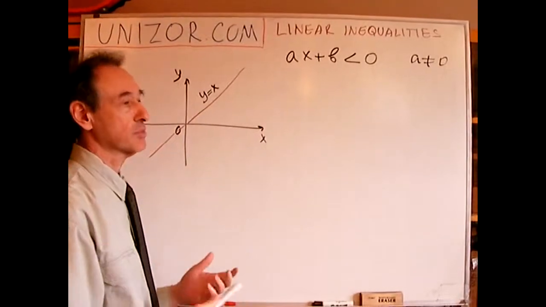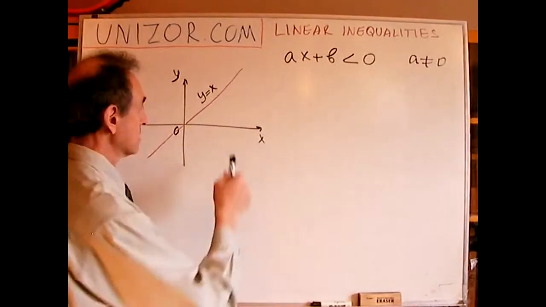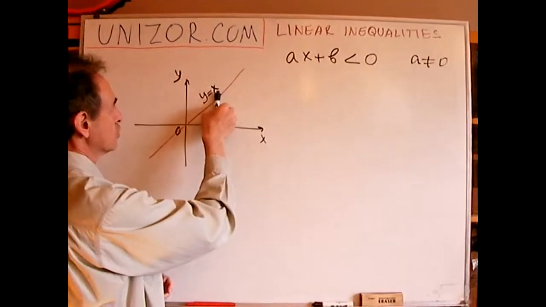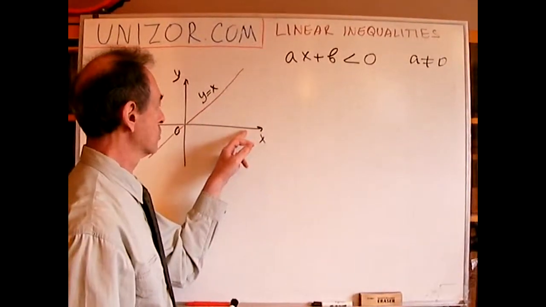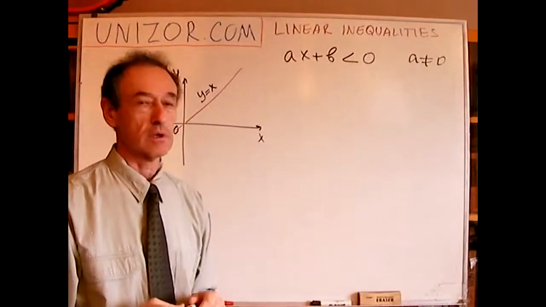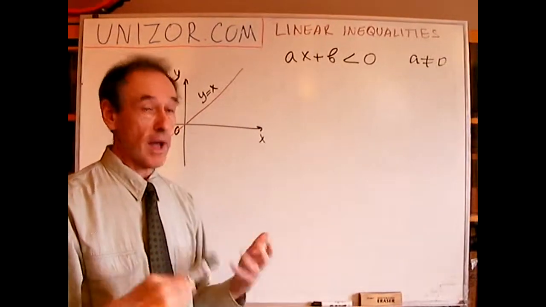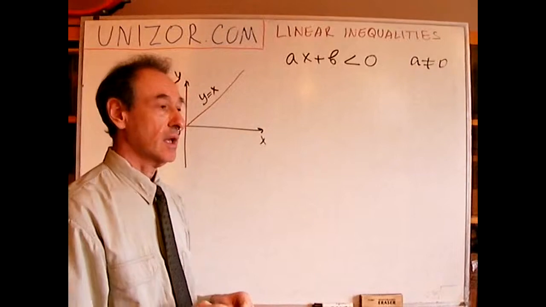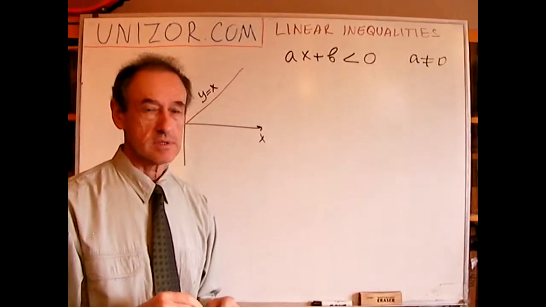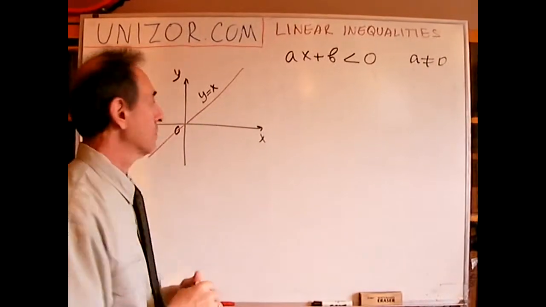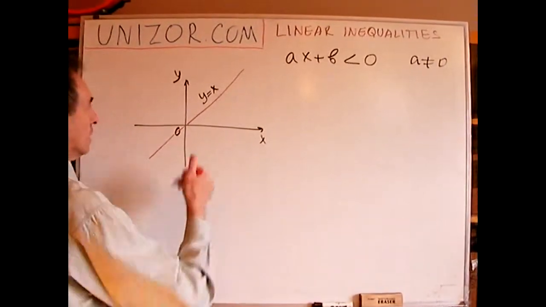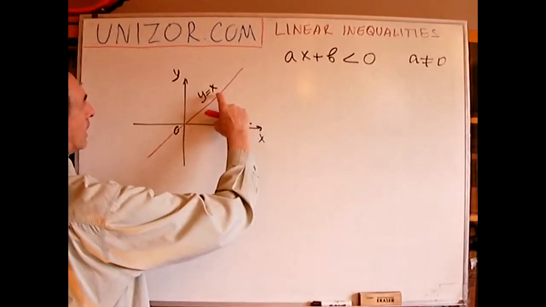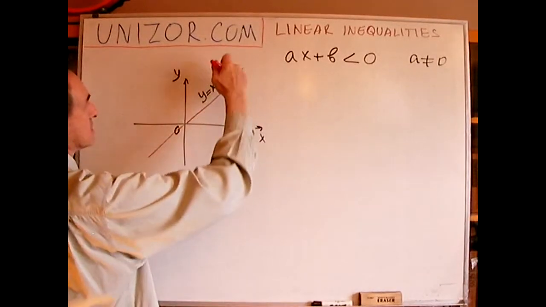Now, how to multiply the graph by a? Basically, you have to multiply each y coordinate, for each particular argument, by the factor a. And here we have a slight difference. If you multiply by something like 2, for instance, then each y coordinate will be doubled in size.